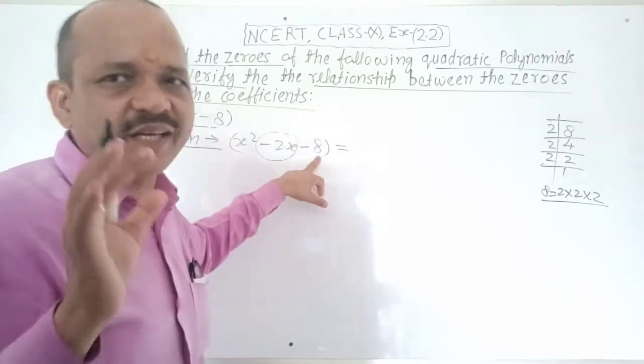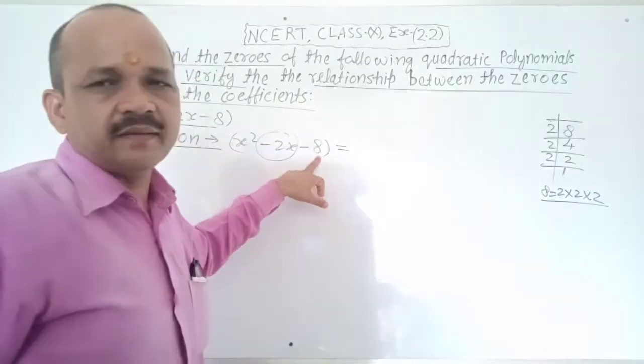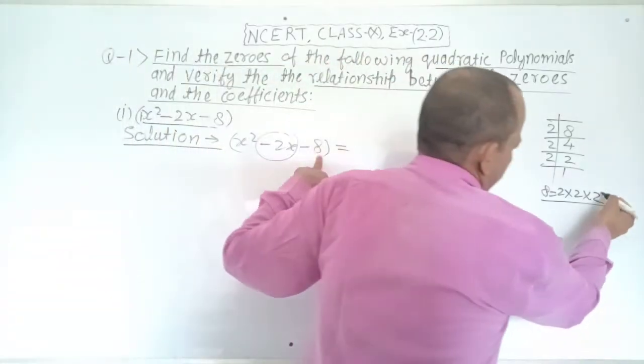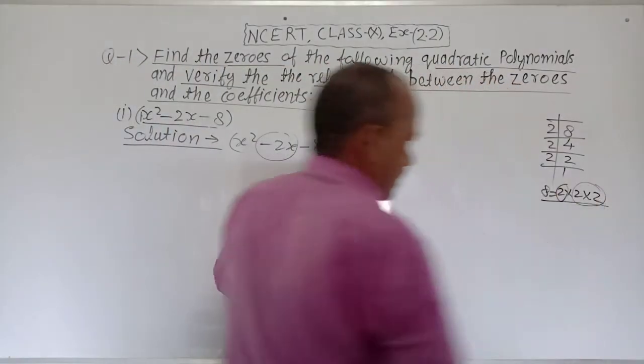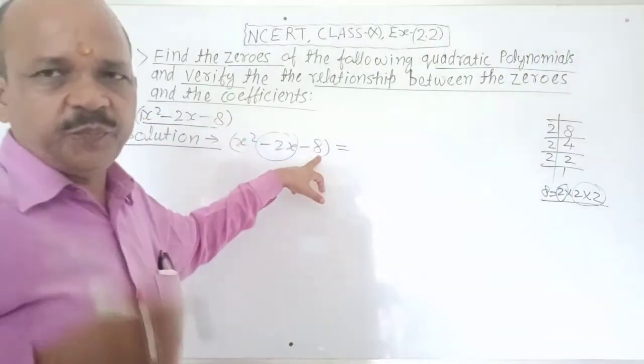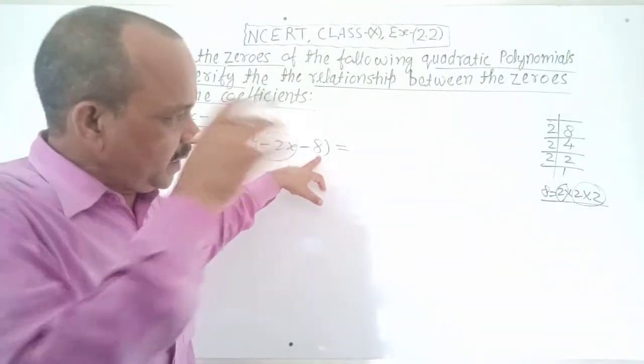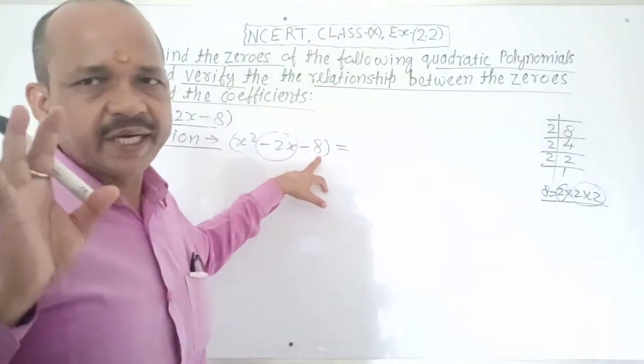It is very easy. Now you make 2 pairs of factors, first pair and second pair. The first pair is 2 multiply 2 equal to 4. The second pair is only 2. Clear?